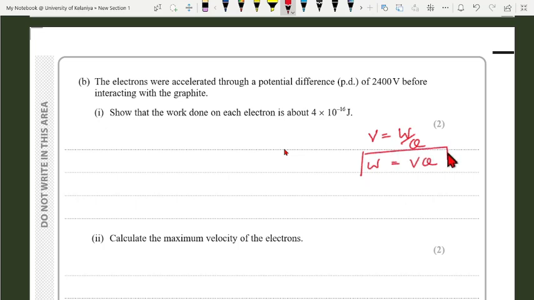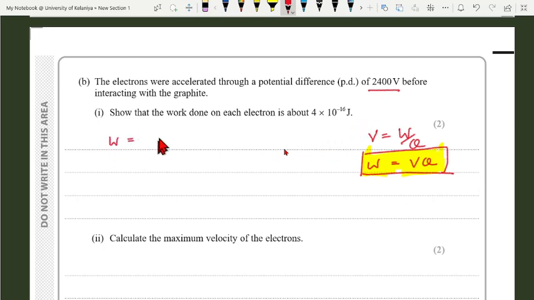So I prefer this one, right? So we can easily calculate the work done by using this equation. Why? Because here we are sending electrons and they have given us the potential difference. So we just need to substitute our values into this equation.